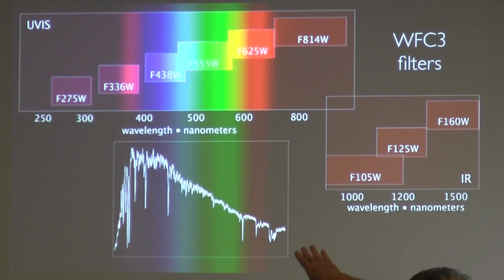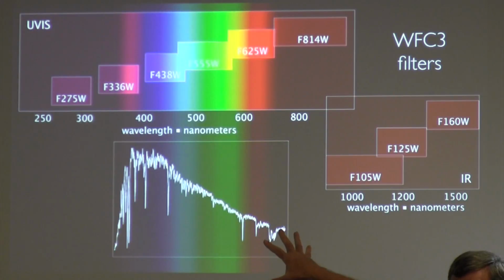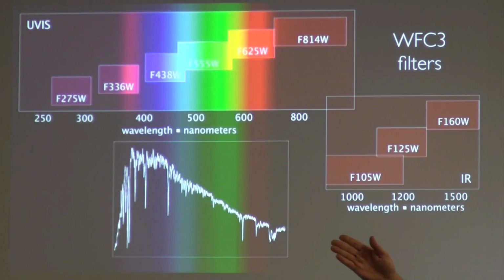Going back to the astronomy part, this is a representation of a spectrum of a star. The amount of light that's emitted by a representative star at the different colors, at different wavelengths. So this is kind of an average star. It's a little bit cooler than our sun, so it's a little bit redder than our sun.